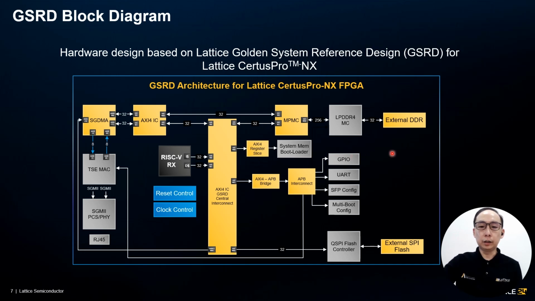Finally, the GSRD also offers several peripherals including GPIO, UART, a configuration block for the SFP module, and also a configuration block for controlling the FPGA program and configuration. All these IPs are connected via the AXI4 interconnect as well as the APB interconnect.